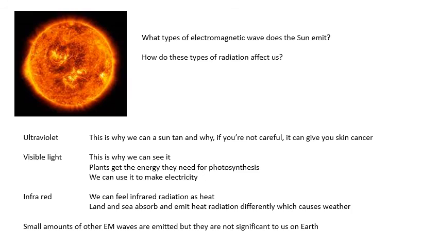We can feel it as heat, so it keeps us warm, feels nice and warm on a sunny day. The land and the sea absorb and emit heat radiation differently, which causes weather, and I could talk about that for a long time, but I'm not going to. Small amounts of other electromagnetic waves are emitted, but they don't really affect us on Earth.